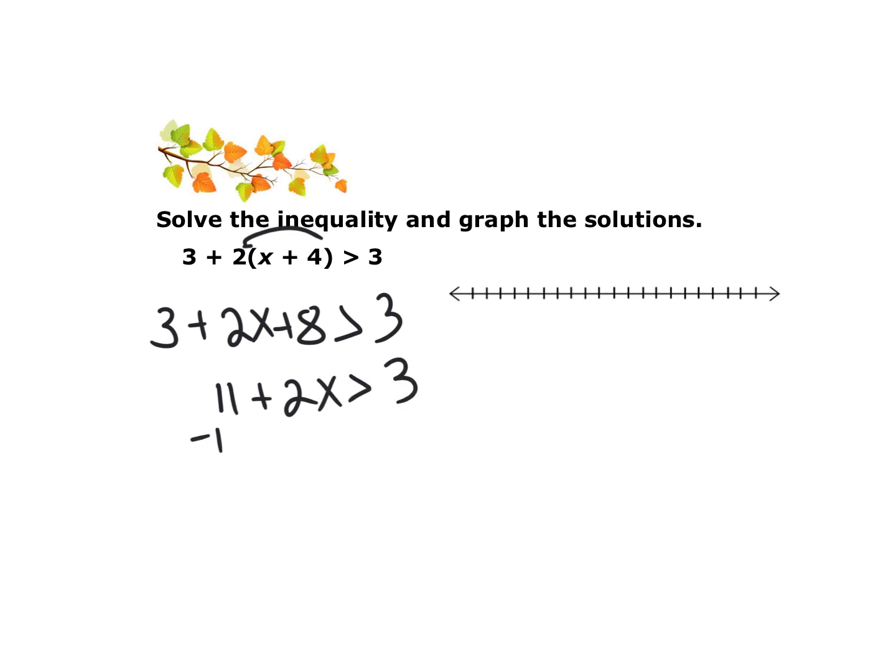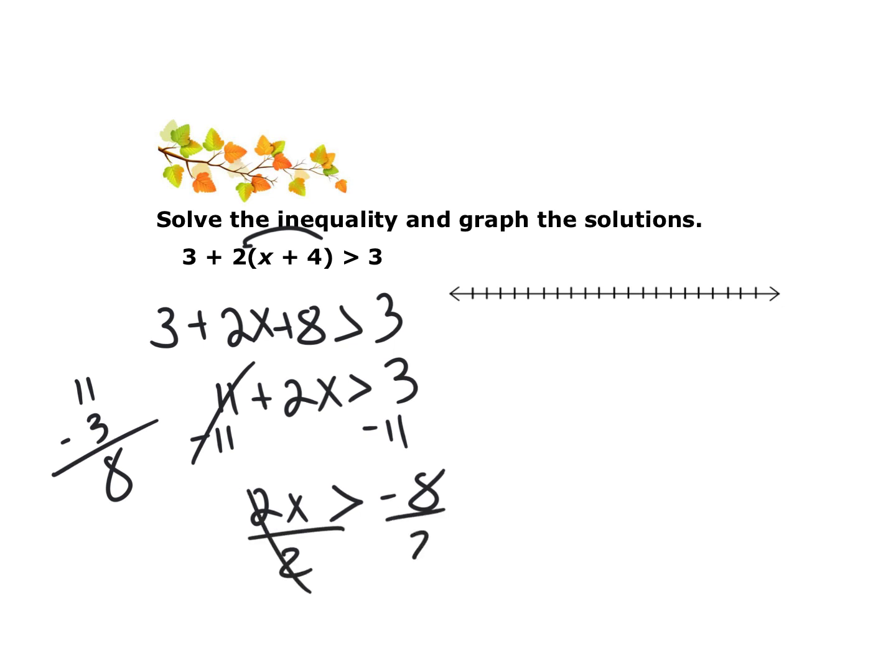I will then go ahead and subtract the 11 on both sides. Keep in mind they're on different sides, so it's subtraction. So we get 2x is greater than negative 8. The reason it's negative is because the 11 is bigger. Then we're going to divide both sides by 2. And we get that x is greater than negative 4.